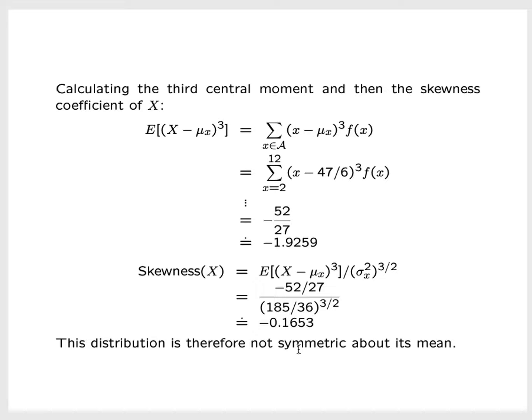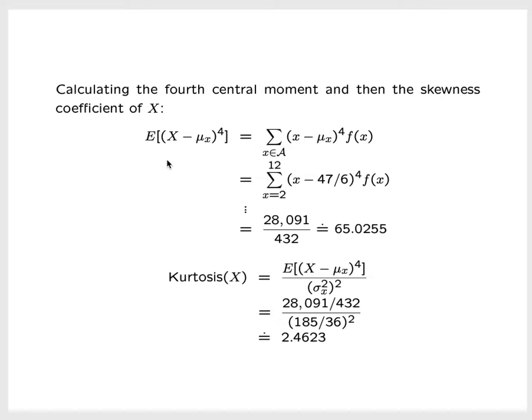And so that tells us qualitatively that the distribution is not symmetric about its mean, and in particular that it has left skewness, or negative skewness. Okay, and then the fourth central moment turns out to be 65.0255. We divide that by the square of the variance to get the kurtosis, and so the kurtosis for this distribution is 2.4623.